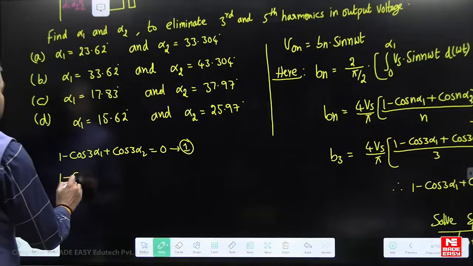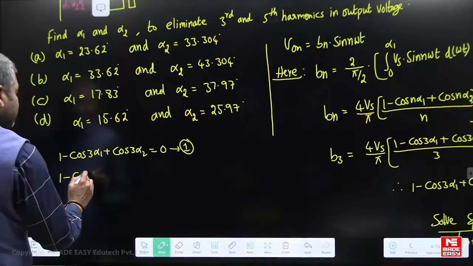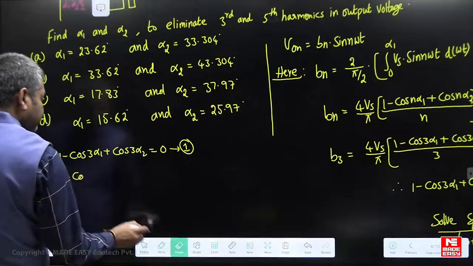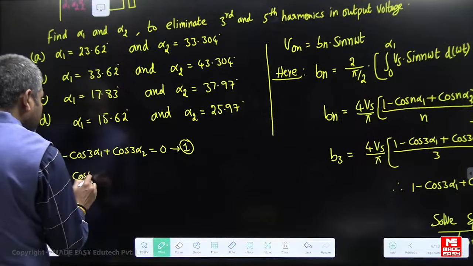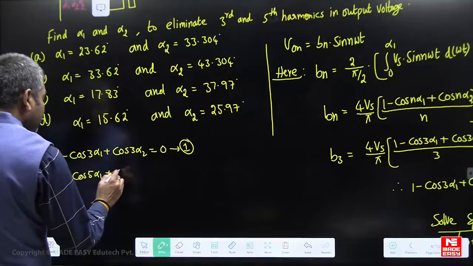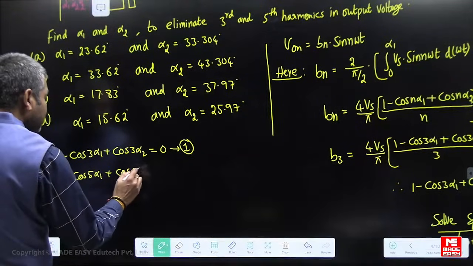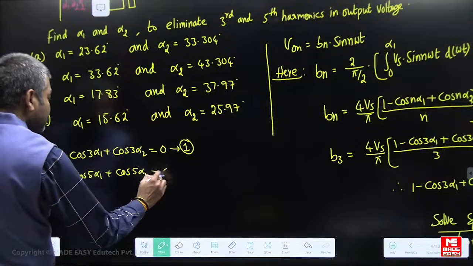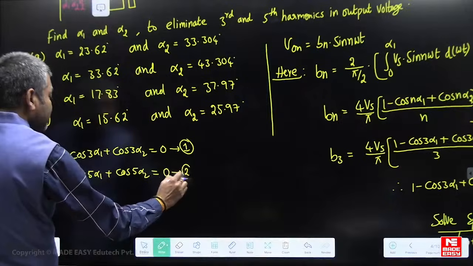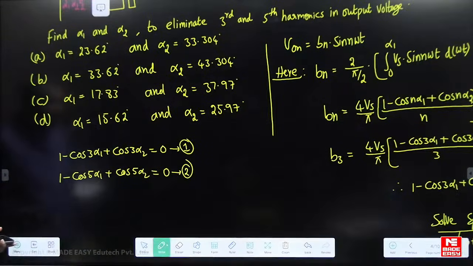Second equation: 1 minus cos 5 alpha 1 plus cos 5 alpha 2 is equal to 0. This is equation number 2. Now, we have to solve these two equations and find the values of alpha 1 and alpha 2.